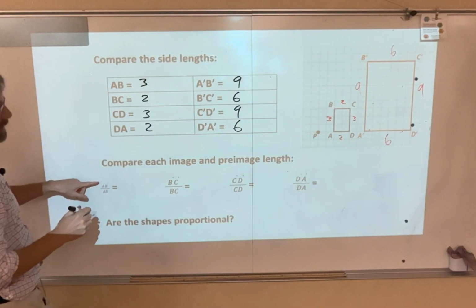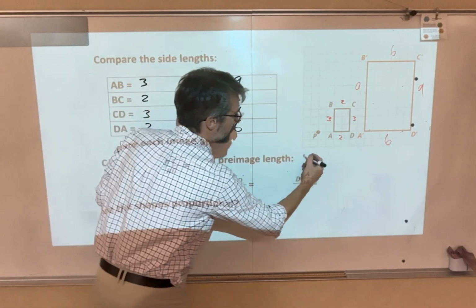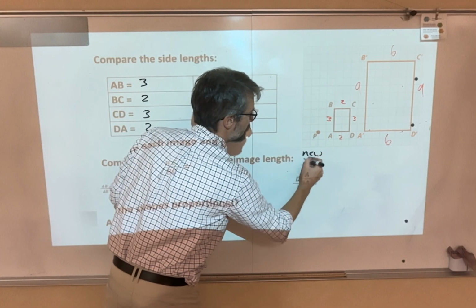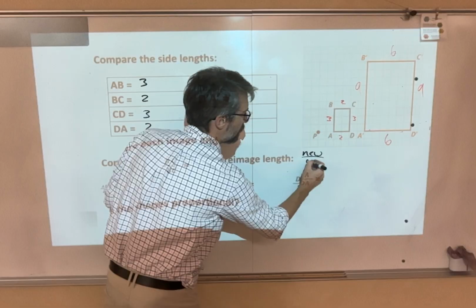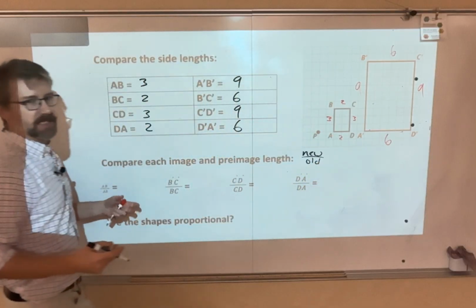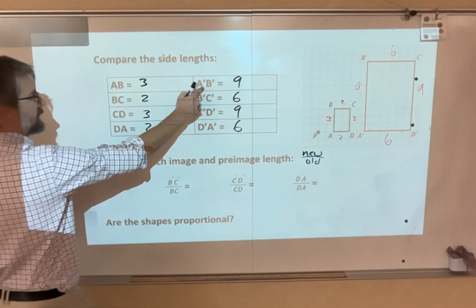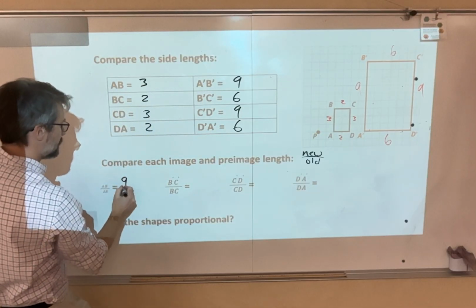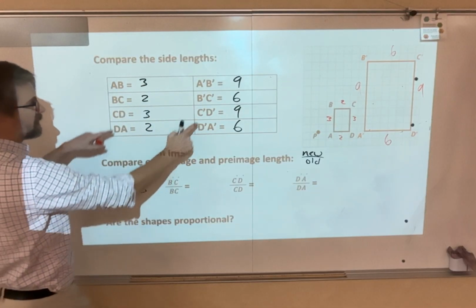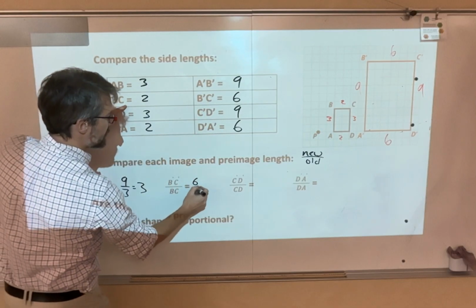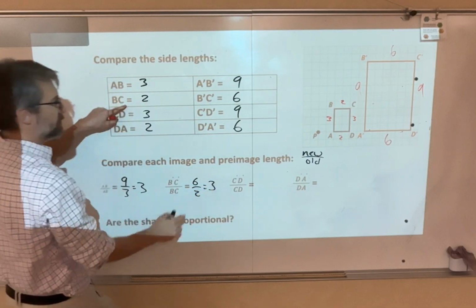When we're doing this, we'll put the new, or the image, over the old and use that to see if we've got a common scale factor. So that's going to be 9 over 3, which equals 3. From B to C, it's 6 over 2, which equals 3.